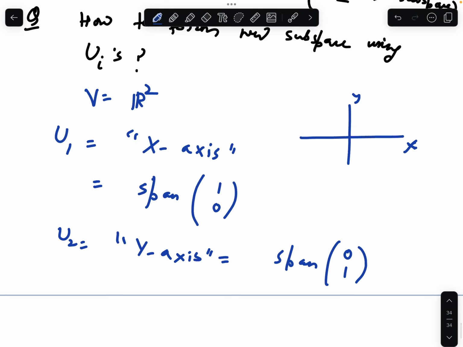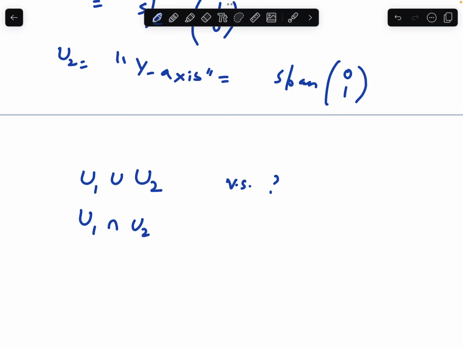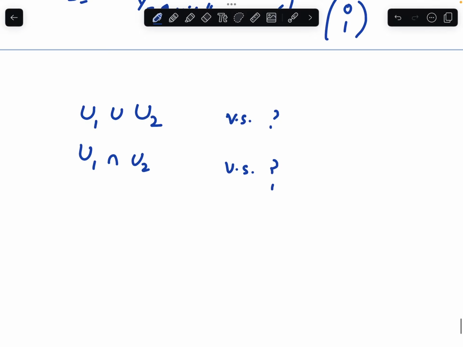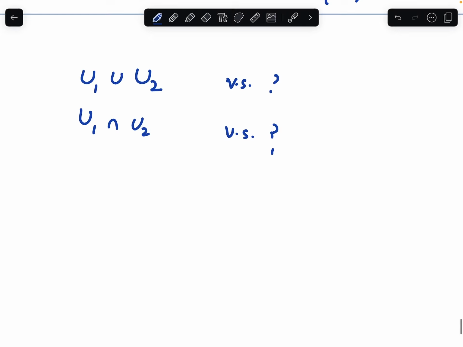Okay. Now let's see U1 union U2. Is this a vector space? So what is U1 union U2? Let's see. This is my x-axis and this is my y-axis.